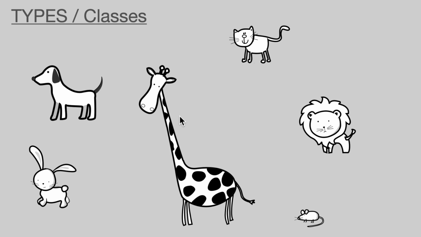Now, this is different from object-oriented programming languages like Java, C#, C++, and so forth, where they see every element as its own type. For example, I might have a class that defines dog, a class that defines rabbit, a class that defines giraffe. They might all inherit from animal, but you're going to give them a different class for every element.